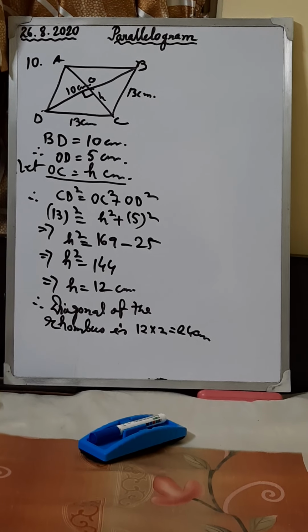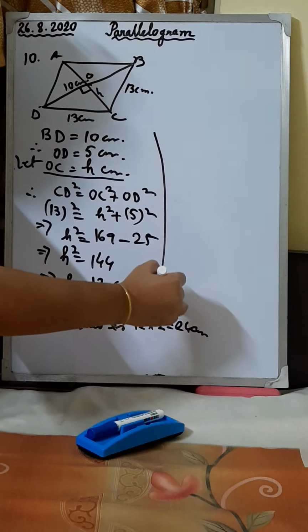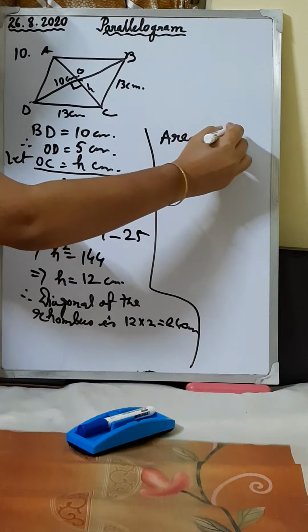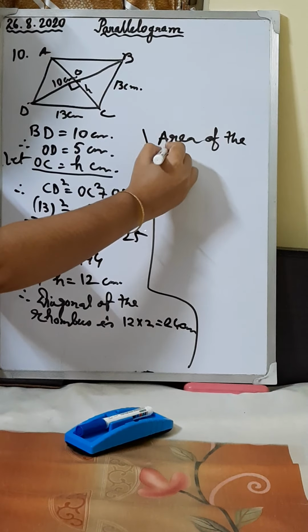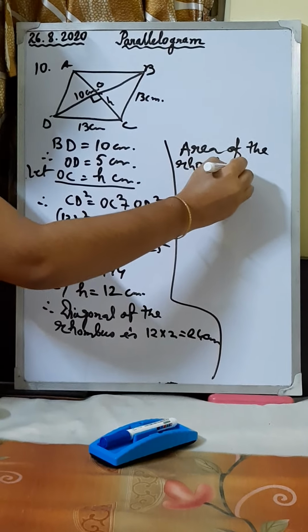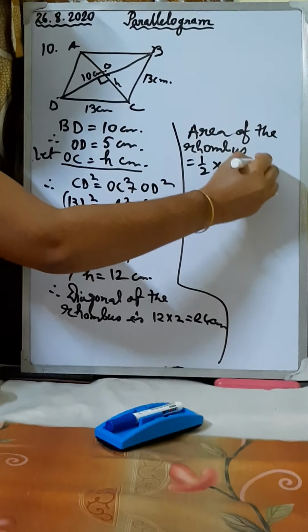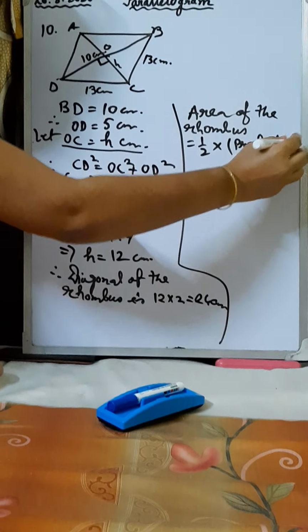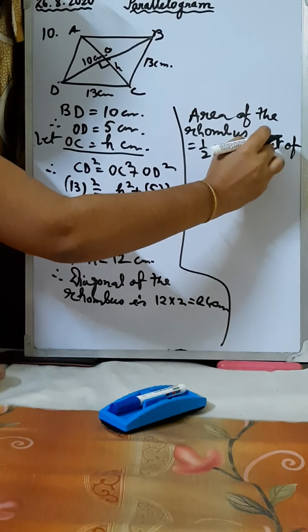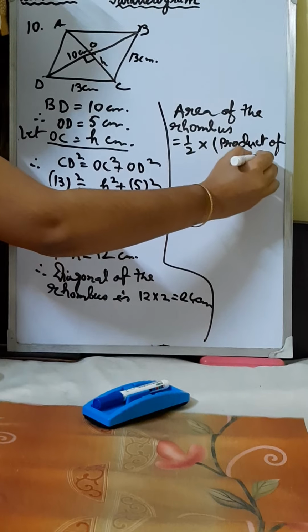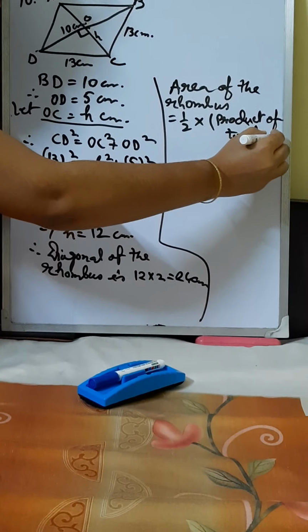Now the second part, area of the rhombus. Area of the rhombus equals half into product of two diagonals, right?